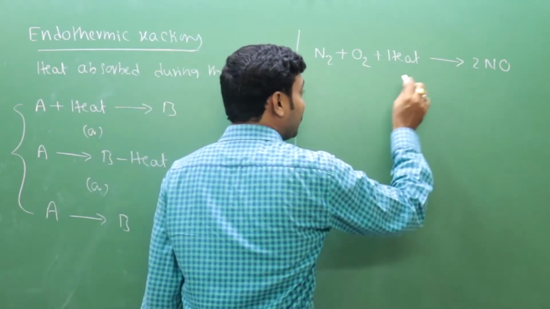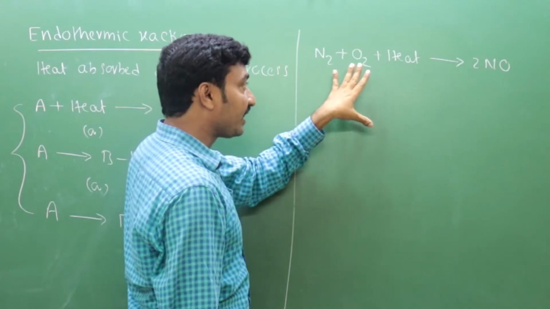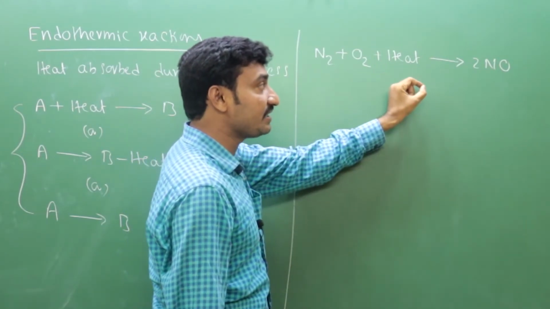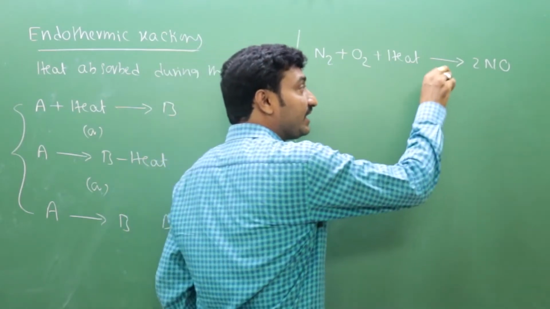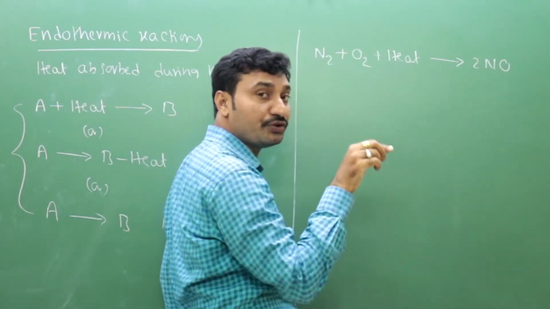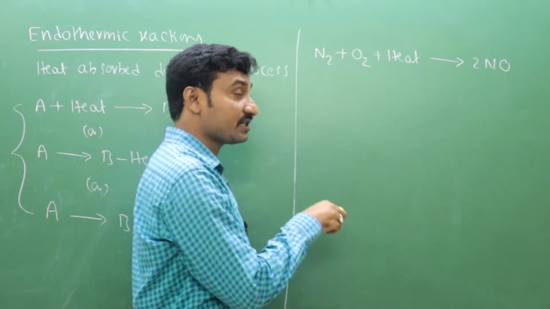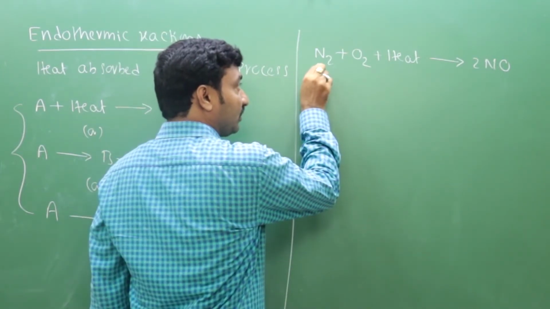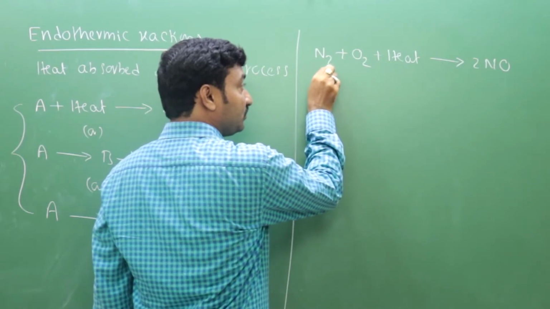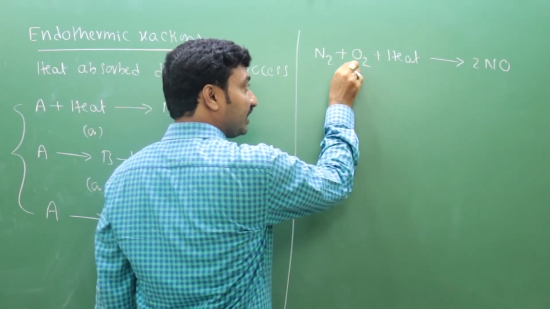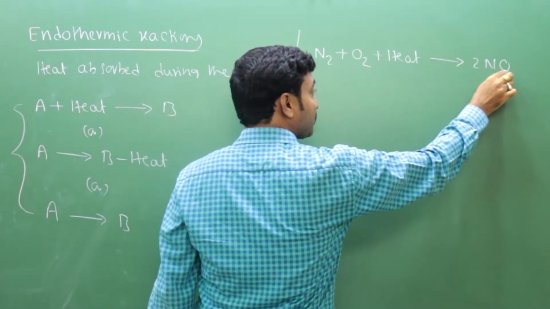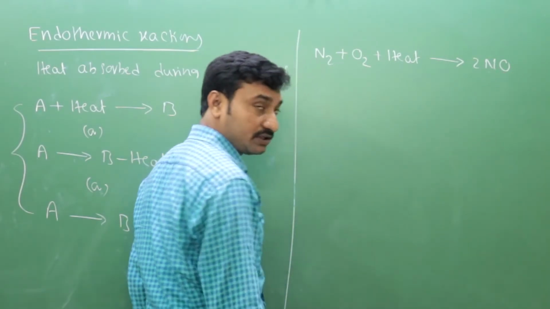That means the energy required to break the bonds is greater than the energy released in the formation of new bonds, as we discussed already. Here N2 has a bond between nitrogen and nitrogen, and O2 has a bond between oxygen and oxygen. A new bond is formed between nitrogen and oxygen.